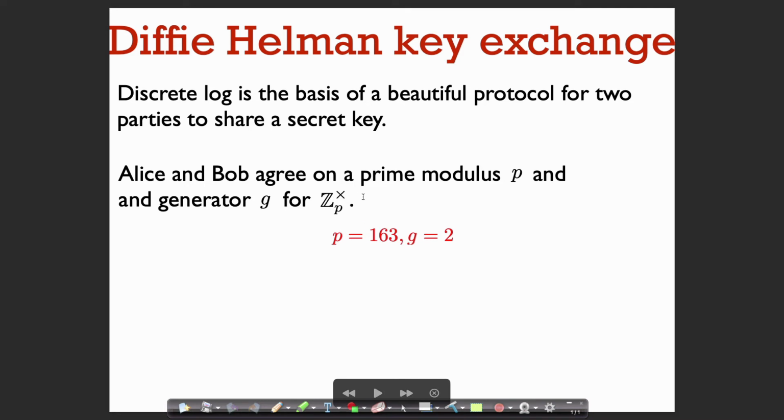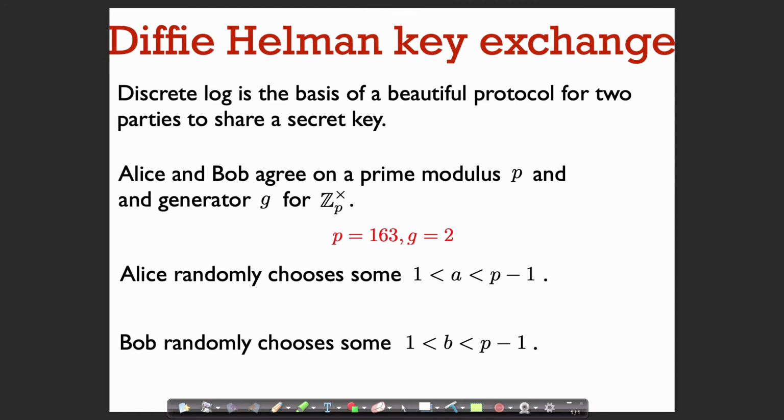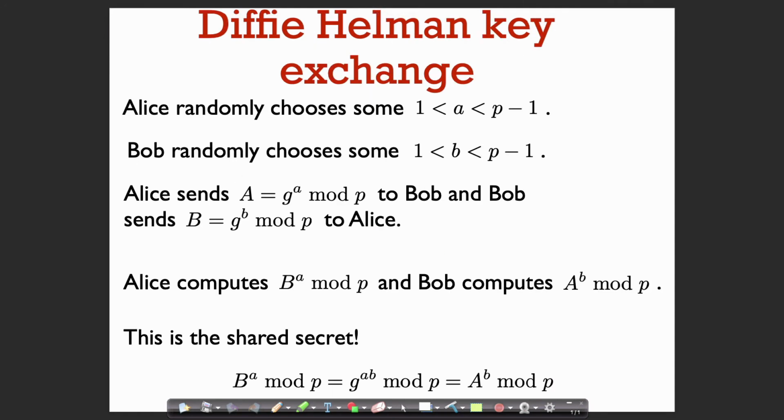So I'm going to stick with using modulus 163, and as a generator, let's just take g equals 2. Then Alice randomly chooses a number between 1 and p minus 1, and Bob does the same thing. Now Alice computes g to the power a, where a is this random number that she chose.